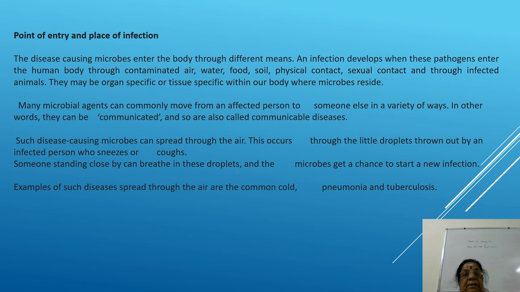microbes enter the body through different means. An infection develops when these pathogens enter the human body through contaminated air, water, food, soil, physical contact, sexual contact, and through infected animals. I hope you are able to follow this.